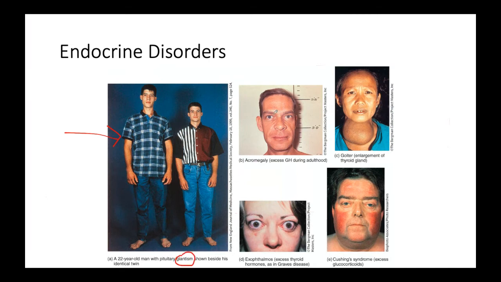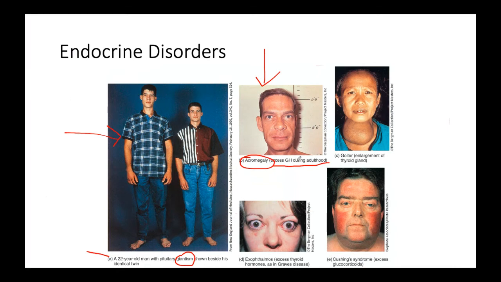In the middle here, this too involves growth hormone, but when you have excessive growth hormone during adulthood, it creates acromegaly. When you have excessive growth hormone when you're younger, you can get giantism. Okay, there's a big difference.